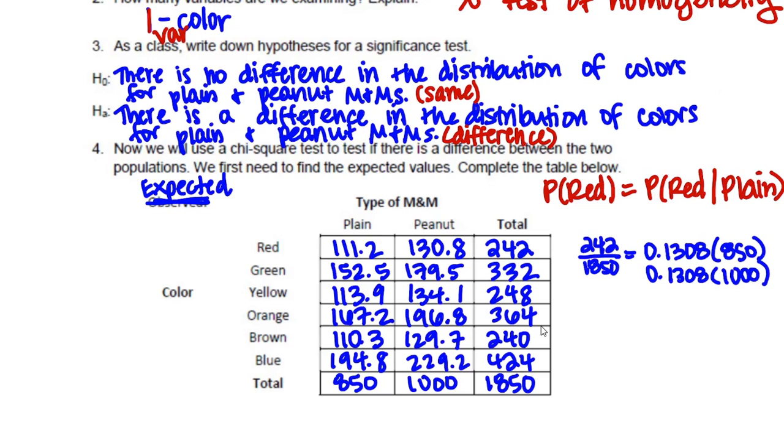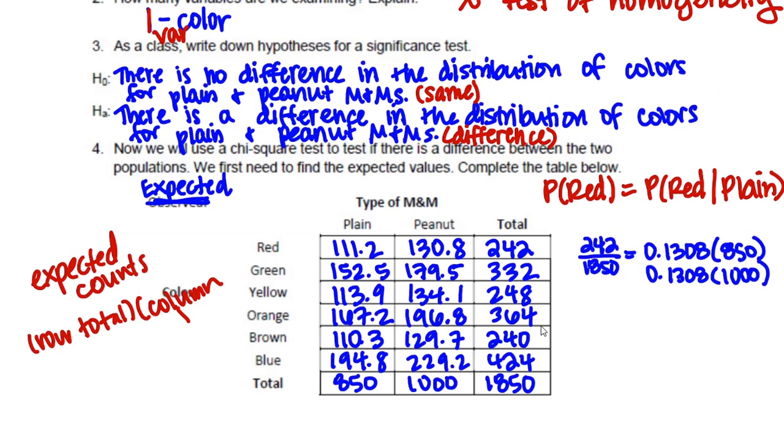That's what we really did. So the formula that we ended up using is your row total multiplied by the column total divided by the table total.